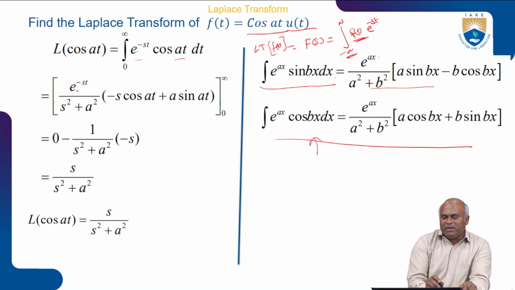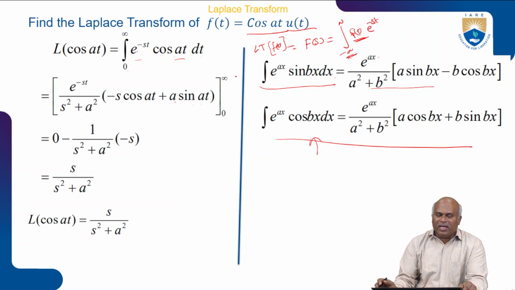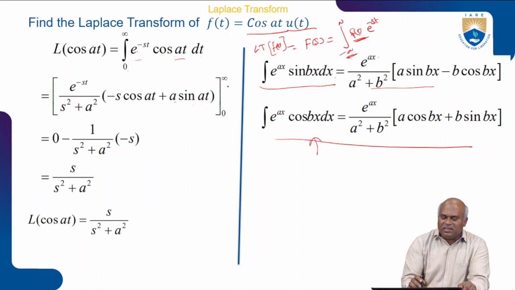So here it is e power minus st, divided by s square plus a square, times minus s cos at plus a sin at. Then we substitute the limits 0 to infinity. The infinity term is represented as 0.